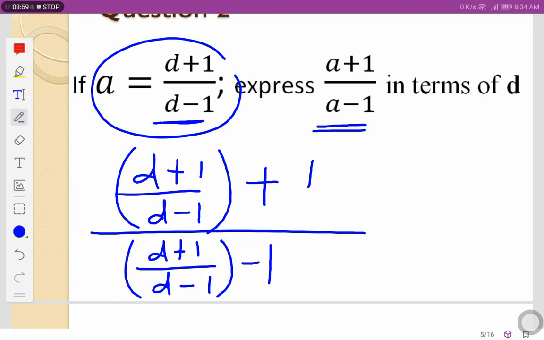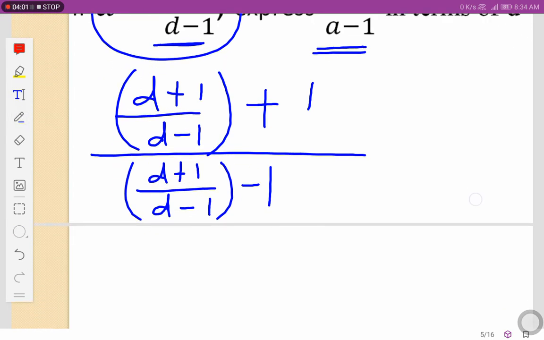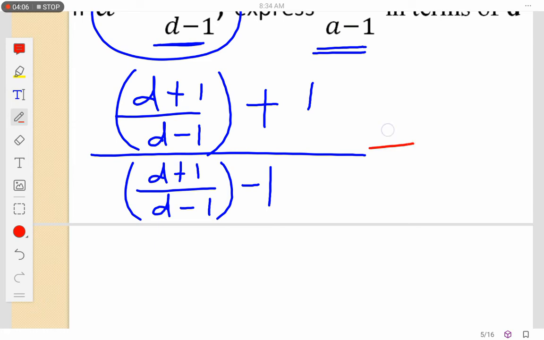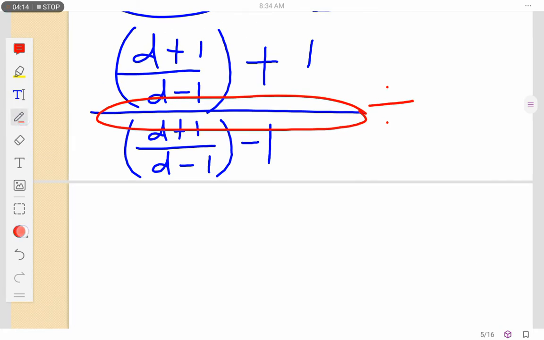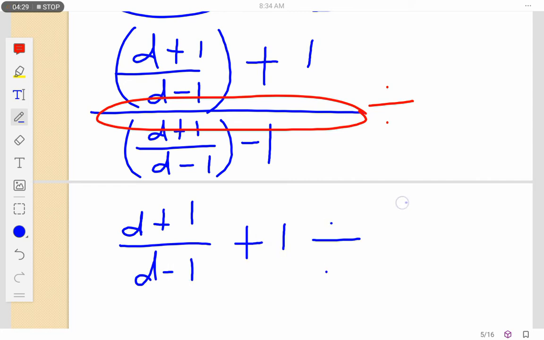This is a division sign here, and this one as well. So you can allow me to write it as A plus 1, that is D plus 1 over D minus 1 plus 1, then divided by D plus 1 over D minus 1 minus 1.